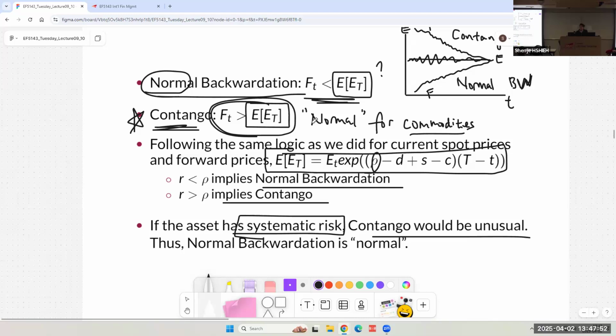So just notice the subtle differences between the definition of negative carry, positive carry versus normal backwardation versus contango. The difference is this expected value. That means it's model based. And again, if you want to have some way to model this, you can do it this way and solve for rho. And as long as rho is greater or less than the borrowing cost, it will inform you whether or not you're in backwardation or contango.